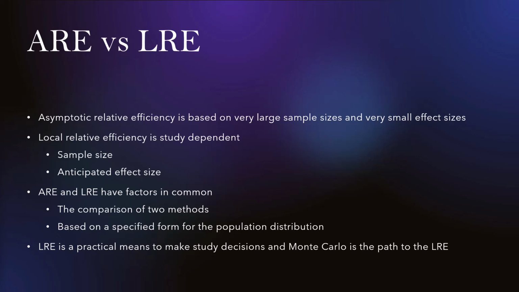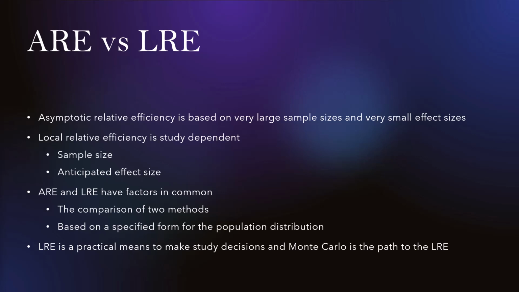That's the positive nature of asymptotic relative efficiency, is that they have been theoretically proved. However, that theoretical proof is asymptotic, as the name implies. It's based upon very large sample size, actually as the sample size goes towards infinity, and very small effect sizes as the effect size goes towards zero.